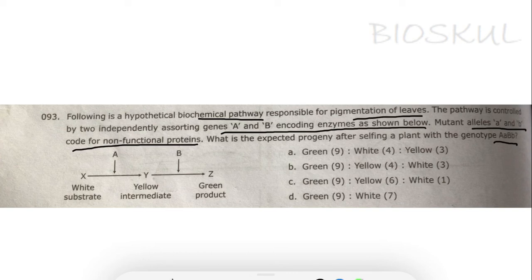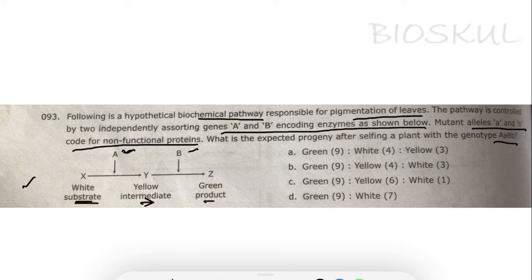In this question, it says that this is a hypothetical biochemical pathway that is responsible for pigmentation of leaves. And this pathway is controlled by 2 independently assorting genes, capital A and capital B, that code for the enzymes. If the capital A gene is present, then it will convert the white substrate to yellow intermediate.